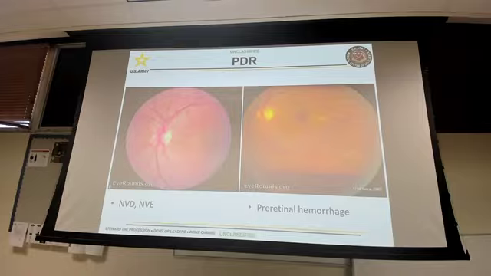All right, so again, NVD is neovascularization of the disc. And we're not very creative, so NV is neovascularization elsewhere. And then the picture on the right is a picture of a pre-retinal hemorrhage, so that boat shape. So it just follows, it's a flat top with a curved bottom.